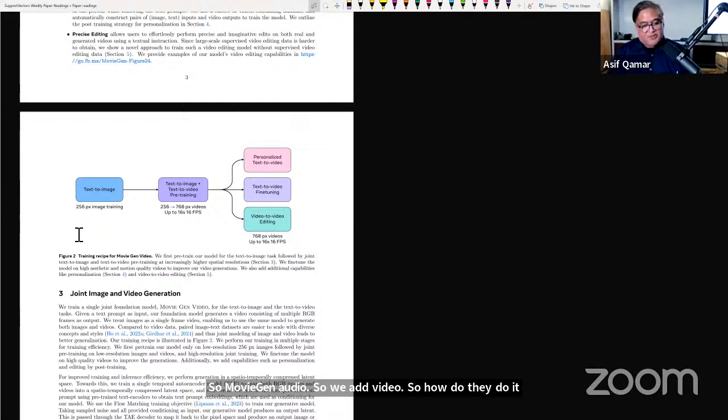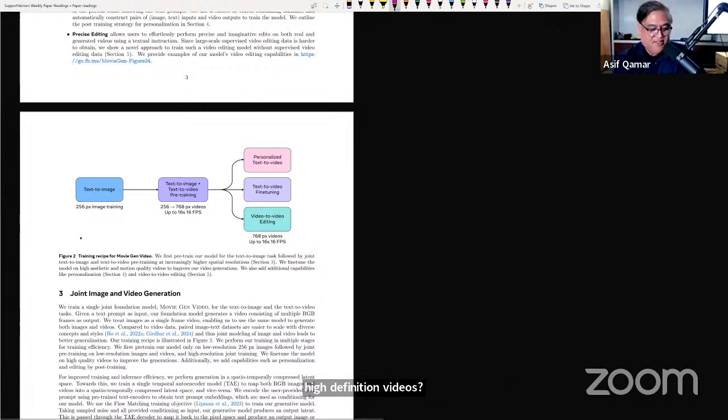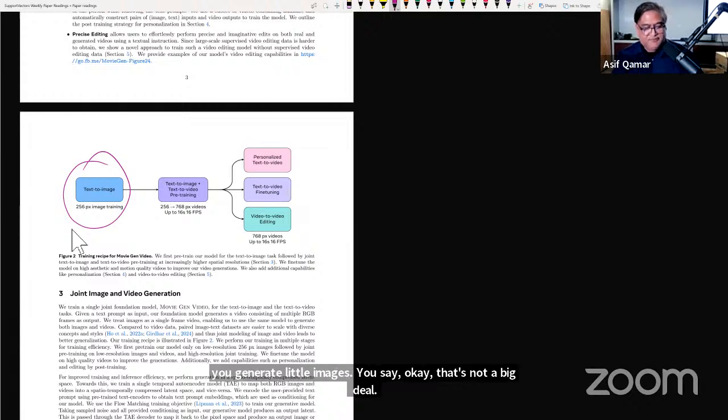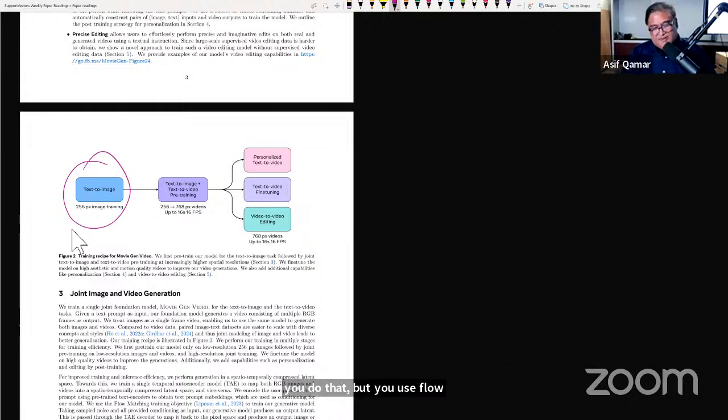carefully in broad strokes. The first thing to ask is, how can you produce such high definition videos? So the way they do it is they start by training the machine with simple images, text to image. So you generate little images. You say, okay, that's not a big deal. You do that, but you use flow matching rather than any kind of a diffusion model.